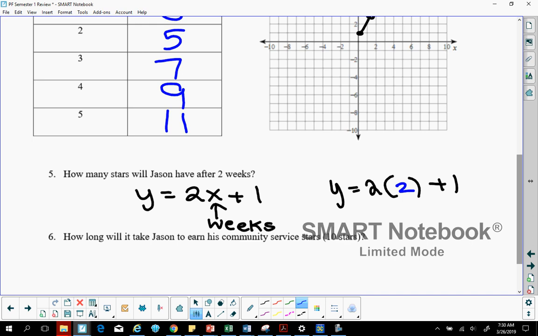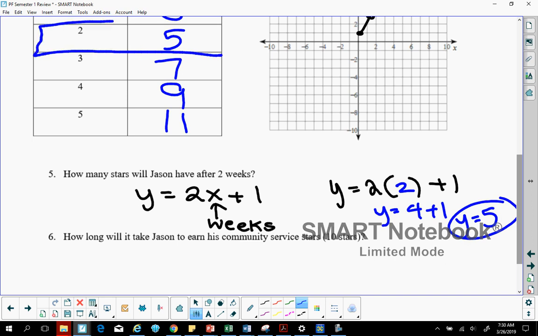What is 2 times 2? 4 plus 1 is 5. So after 2 weeks, he'll have 5 stars. I can also look right here on my table and see after 2 weeks, he'll have 5 stars.